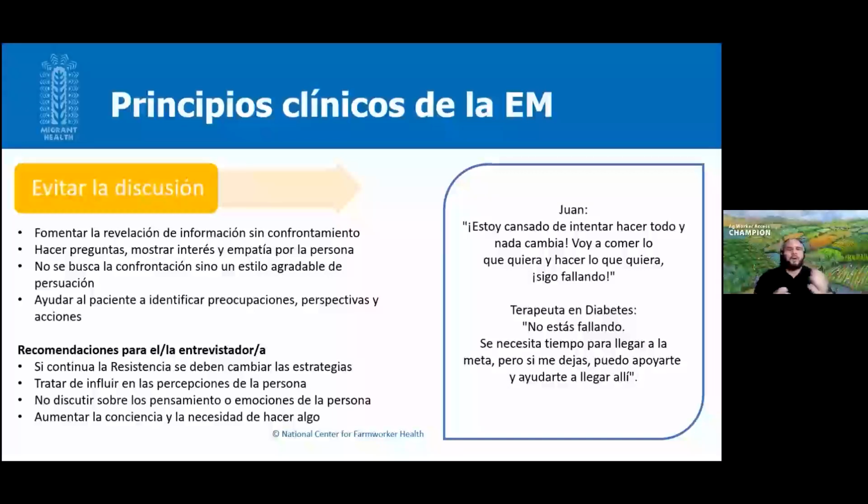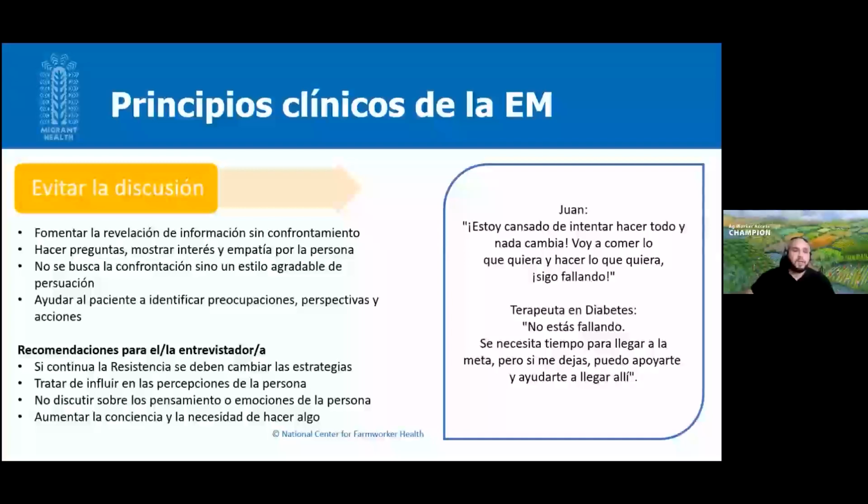We know that there are different stages. This person may just be realizing that they have a problem. Then the following stage would be to accept the problem itself, identifying it and looking for strategies or looking for help. Then, okay, I've accepted it, so what are the actions that I need to take in order to create this behavioral change that is going to help me to manage my diabetes or to prevent diabetes?